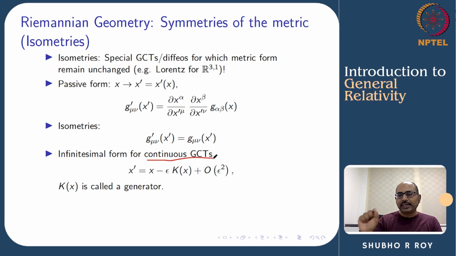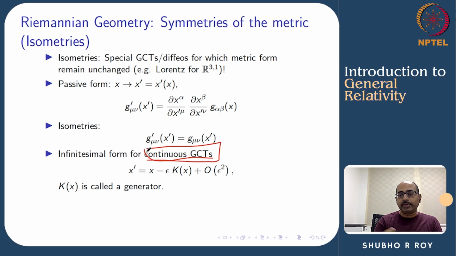Or when I do a translation, there is a parameter called the translation or shift parameter, which can be dialed from 0 to a finite value. So whenever a general coordinate transformation contains dependence on a continuous parameter which can be dialed from 0 to some finite value, we call that a continuous general coordinate transformation.